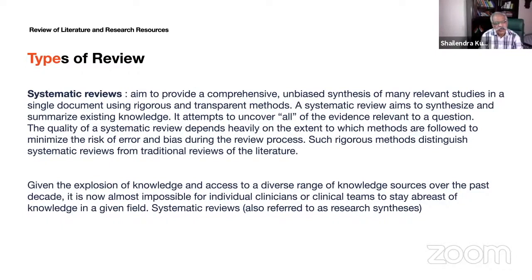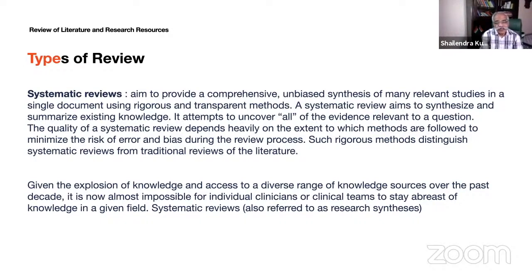So in other words, it's a systematic methodology, a systematic study of the existing knowledge, existing literature. And the quality of a systematic review depends heavily on the extent to which methods are followed to minimize the risk of error, and it should not be biased during the review process.